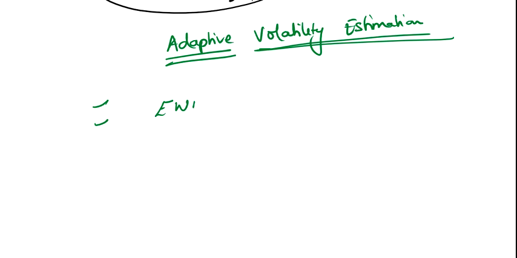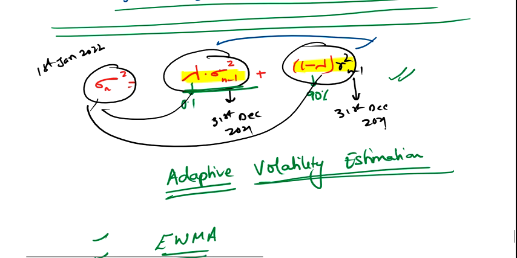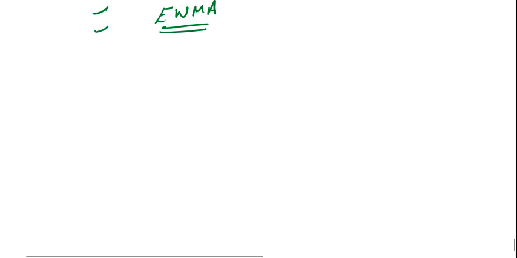So we have completed our EWMA model. Whenever you get a question, you have to use this formula. You will be given the value of lambda, the recent standard deviation, recent volatility, as well as the recent return. Clear? Okay, let us move ahead with our next portion, that is GARCH.